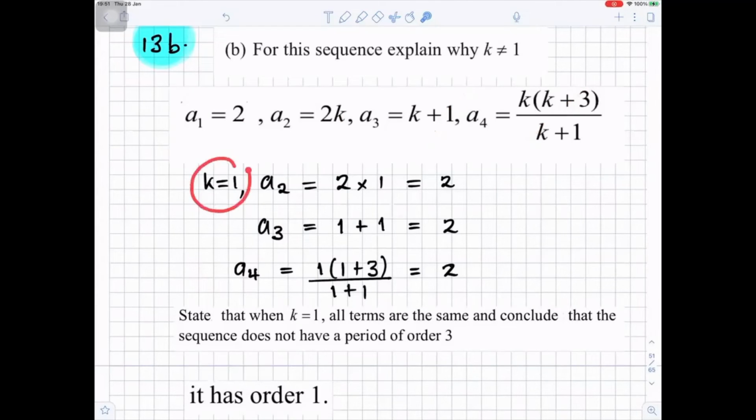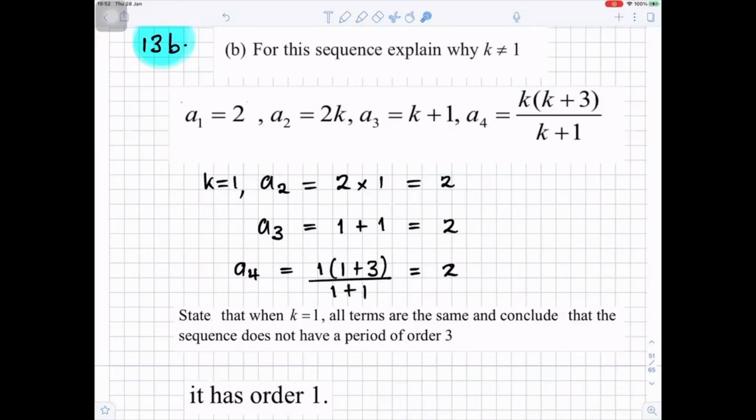If we put k equals 1, a2 would be 2 times 1, which will give you 2. a3 would be 1 plus 1, which will give you 2. a4 would be 1 times (1 plus 3) in bracket over 1 plus 1, which gives you 4 over 2, which gives you 2. So that means a2 will be 2, a3 will be 2, a4 will be 2.